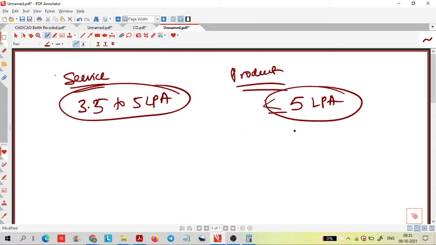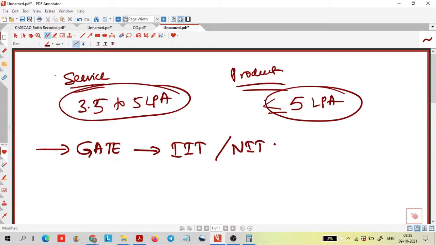I'm just telling you some simple examples. And one more thing: now you are in third year, and if you go through GATE to some IITs and NITs, you can try for higher education, MTech.